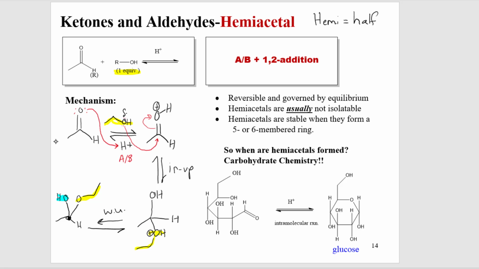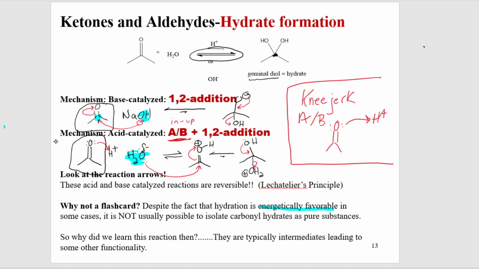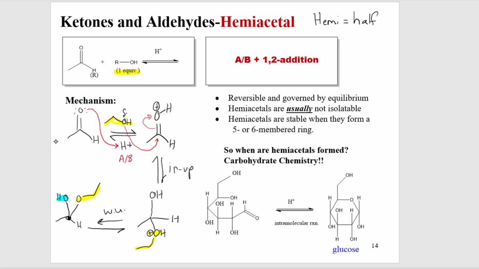It's a half. I wonder if you can decide what a full-on acetal is. If this is half of an acetal, what is an acetal? You know that a hydrate has 2 OHs off of the same carbon. A hemiacetal has 1 OH and 1 OR off of the same carbon. Now, notice the arrows I drew.